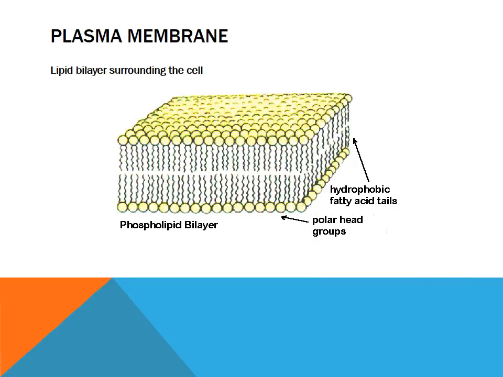First part I want to talk about is that outer coating of the cell, the thing that separates the inside of the cell from the outside. It's called the plasma membrane. And again, you'll notice it's made up of a bunch of phospholipids. Remember I told you that stuff would keep coming into play.